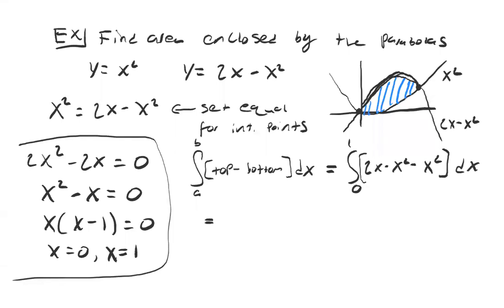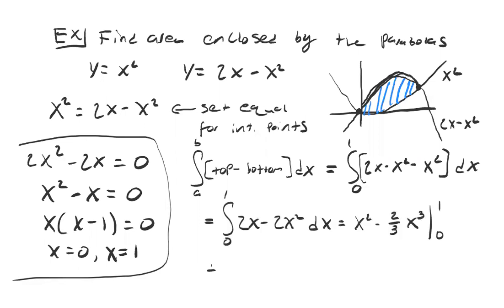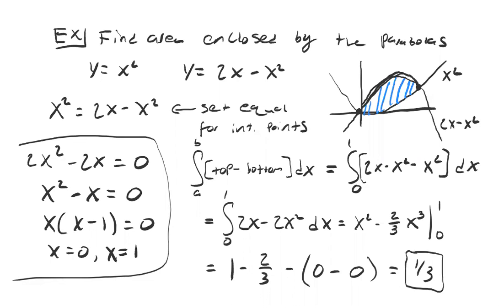So now when I simplify this, this is 1 minus 2/3 when I plug in 1, minus 0 minus 0. So this is 1 minus 2/3, which is 1/3. So the area between those two curves is 1/3 of a unit.